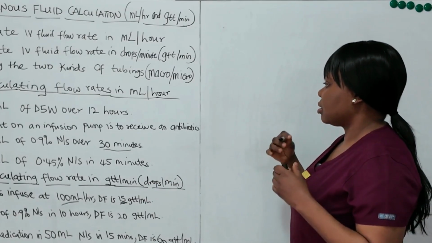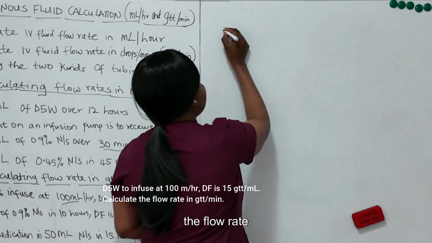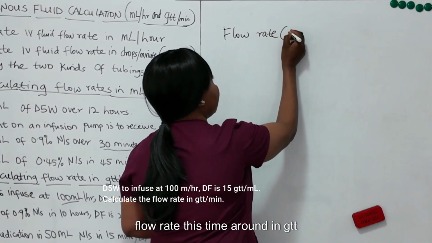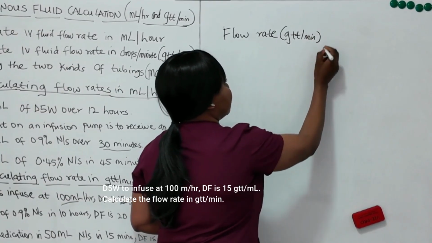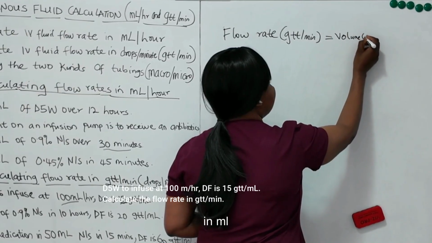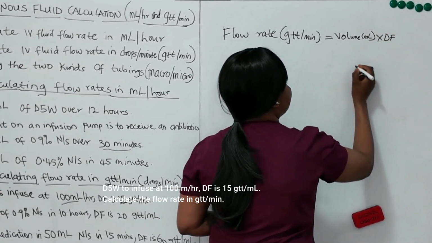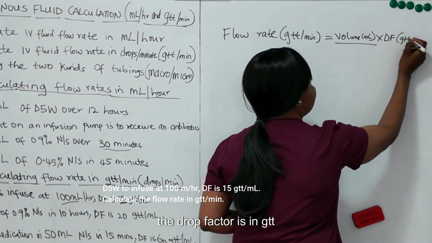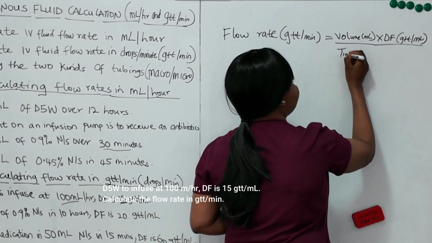To solve this, we are going to use a formula that says the flow rate, just slightly different from the other one, flow rate, this time around in GTT per minute, equals the volume or the amount of solution in ml, times the drop factor, which is in GTT per ml, divided by the time.